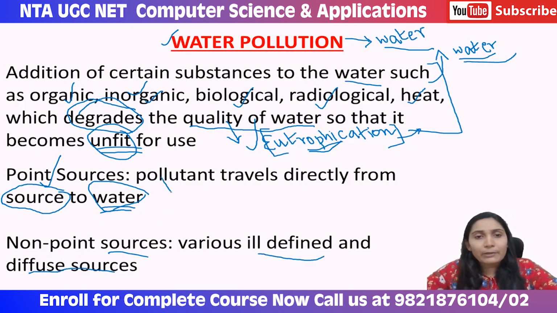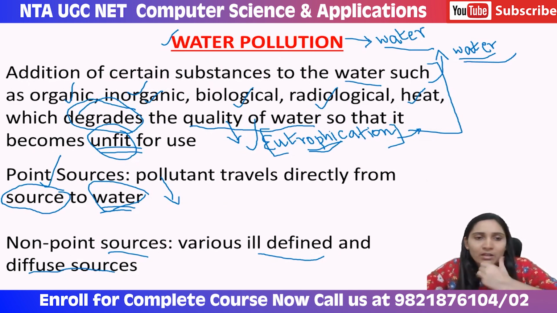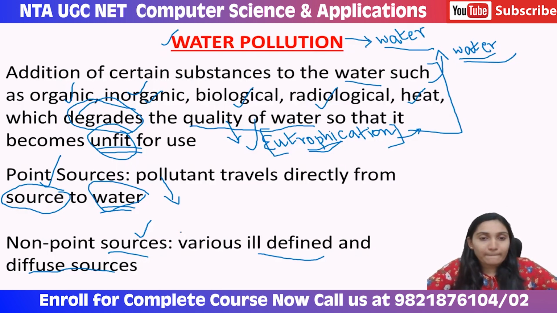When the pollutant is traveling directly from the source to water, it is called a point source. Now can you give me some examples of point sources and non-point sources of water pollution?